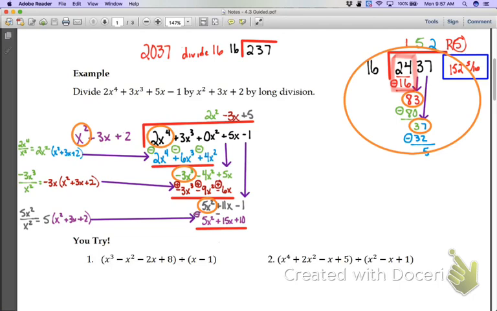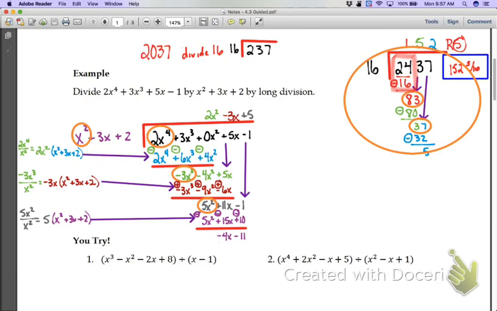Change the sign. So whenever I do that, what happens to the x squareds? They go away. So I'm going to have a positive 11 minus a 15x. So negative 4x minus 11.